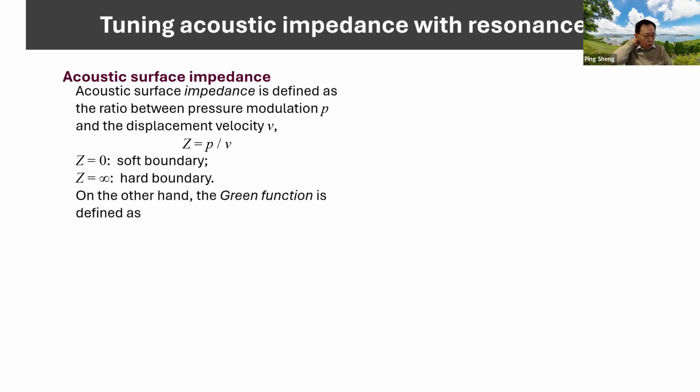Now, for airborne sound, most of the boundaries are hard boundaries. And the reason is that it is very difficult to have a condition where the impedance is much smaller than that of air. And therefore, a soft boundary is difficult to achieve for airborne sound.